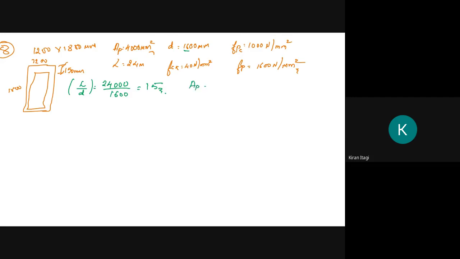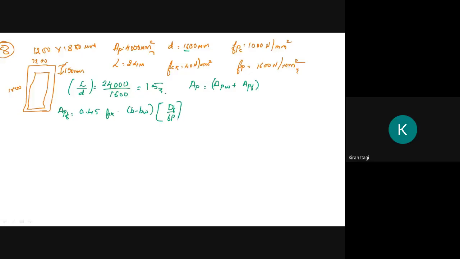So AP equals APW plus APF. First I will find APF. It is given by 0.45 FCK into (B minus BW) into DF upon FT.